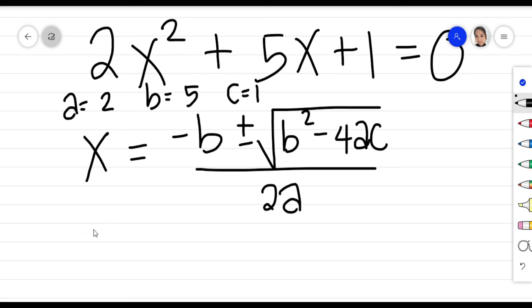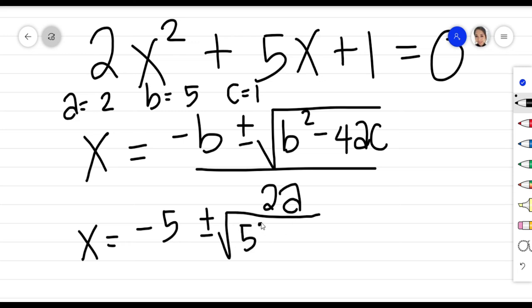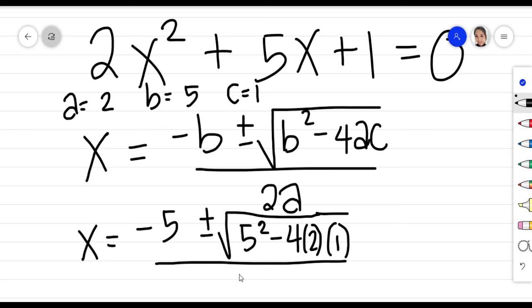So substituting them, x is equal to negative 5 plus minus square root of b squared, which is 5 squared, minus 4 times a, which is 2, and then c is 1, all over 2 times 2. Our a is 2.